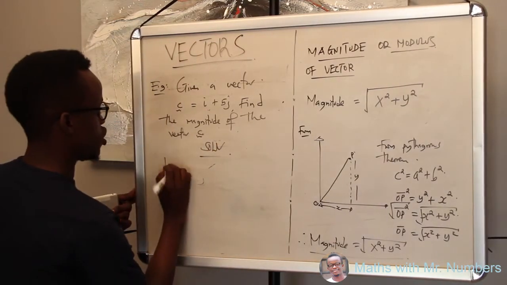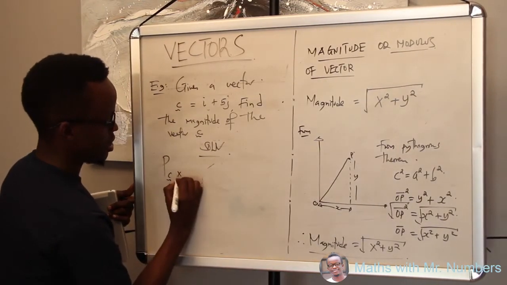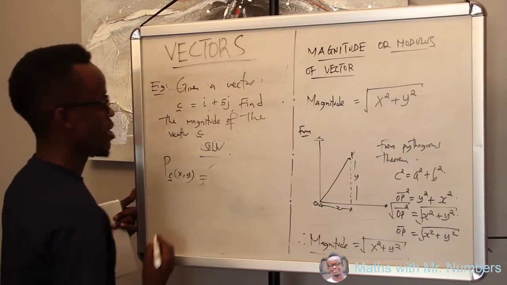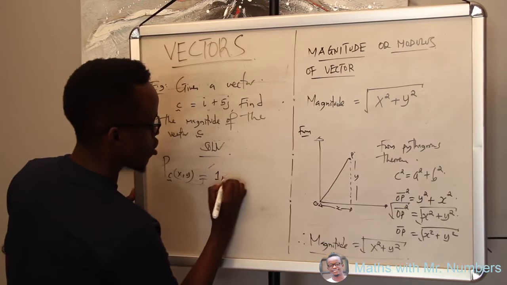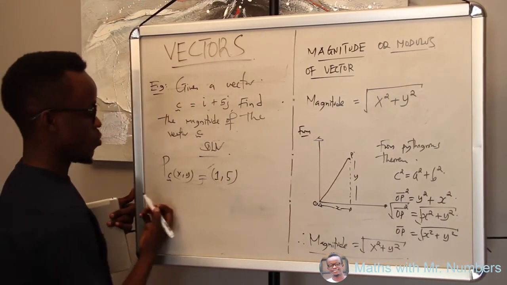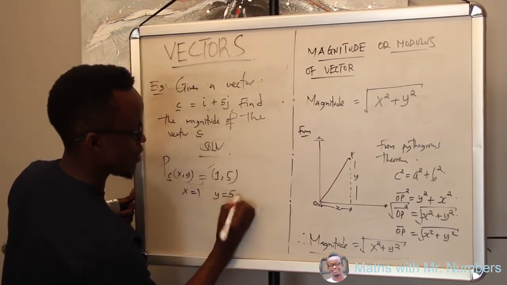Therefore, you write the position of vector C in x, y as 1, 5, which gives us x equals 1 and y equals 5.